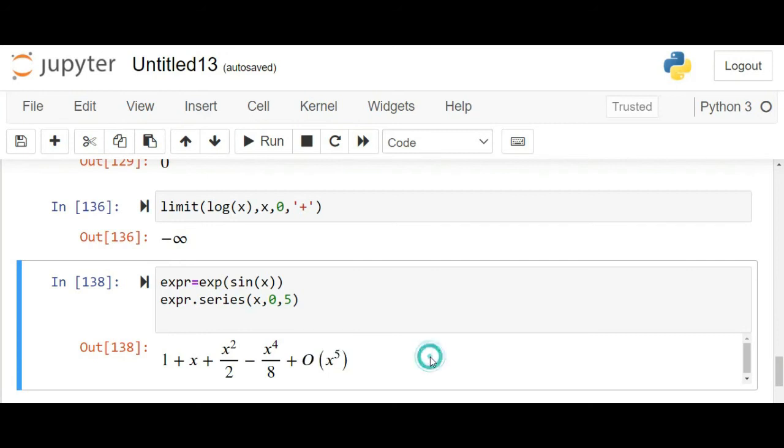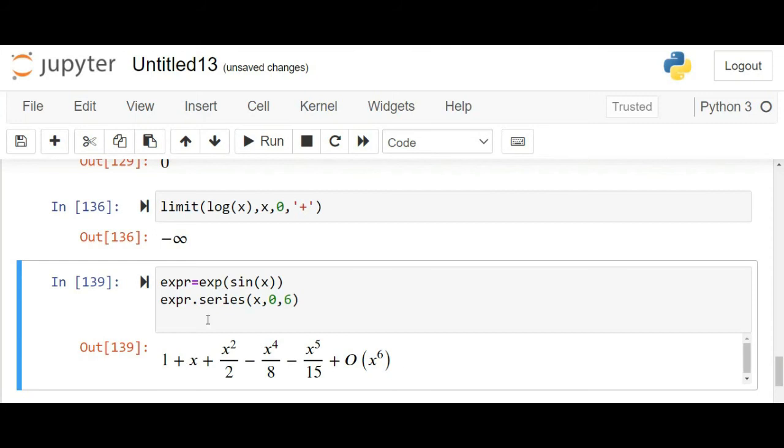So the next order is 5, and the next order is again 6. If I write 6 over here, then it means we want to write up to order 5, the six terms only, 1 2 3 4 5 and 6.